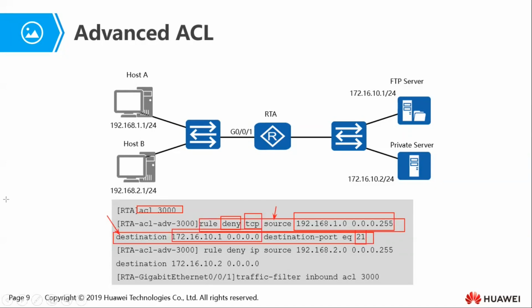So in this particular example, you're simply saying, if you're on this network, Host A, 192.168.1.1, and you're trying to access 172.16.10.1, our FTP server on port 21, then we will simply deny.